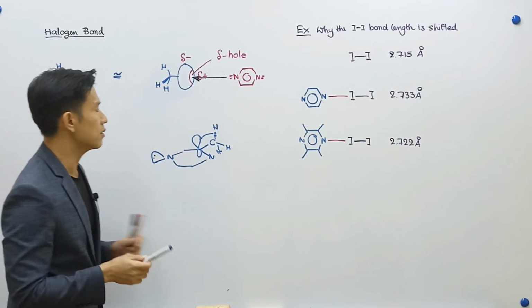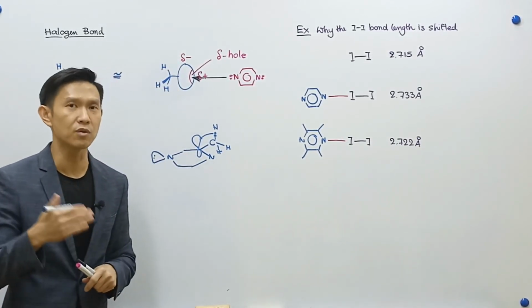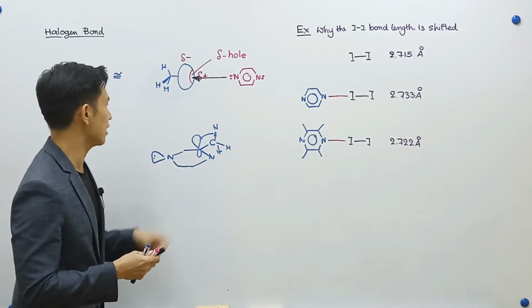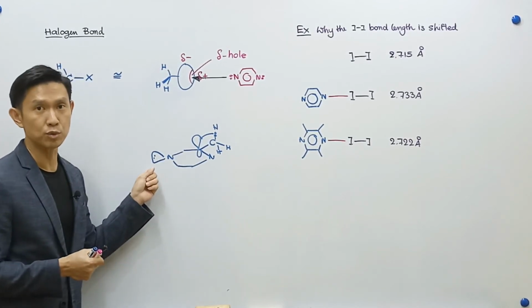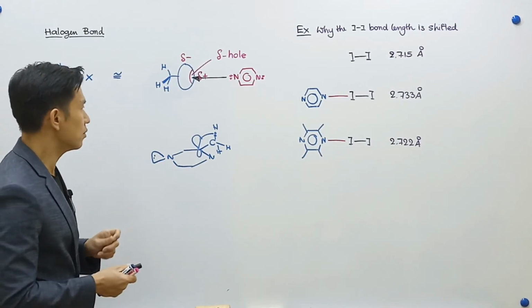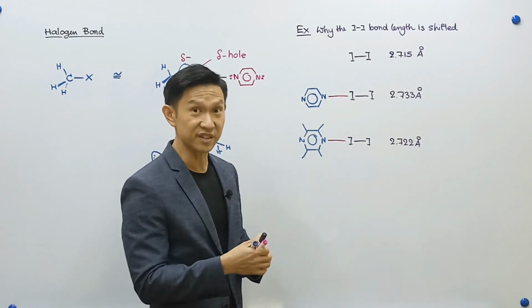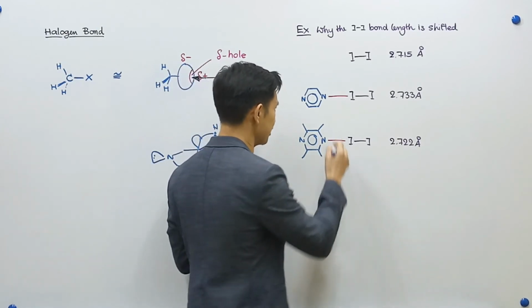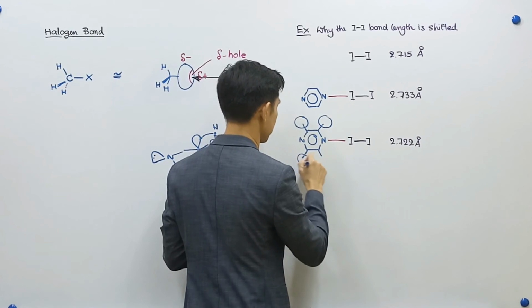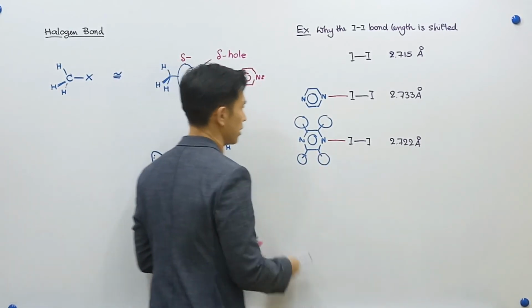So actually, the methyl group has almost no effect on the electron clouds on the sp2 nitrogen atom here. Okay. So the effect you see here is actually very, very simple. It's a steric effect of the methyl groups. Because iodine is so huge, right?